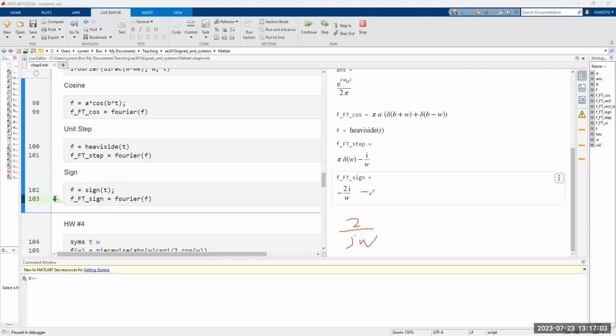We can show that they are the same. If we multiply both numerator and denominator by i, or j, then this is -1. I forgot the omega here. So -1 times -2 will be 2 over j omega, either i or j. It is the same.